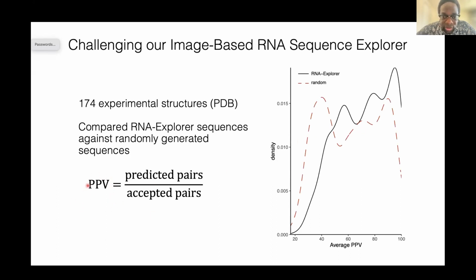So the PPV, as you know, higher values approaching 100 correspond to good predictive power, whereas values close to 0 mean poor predictive power. And so what we wanted to do is compare it to when we just use random sequences. And you can see in this image on the right that our PPVs using our tool, which we call RNA Explorer, are shifted towards higher PPV values, right?